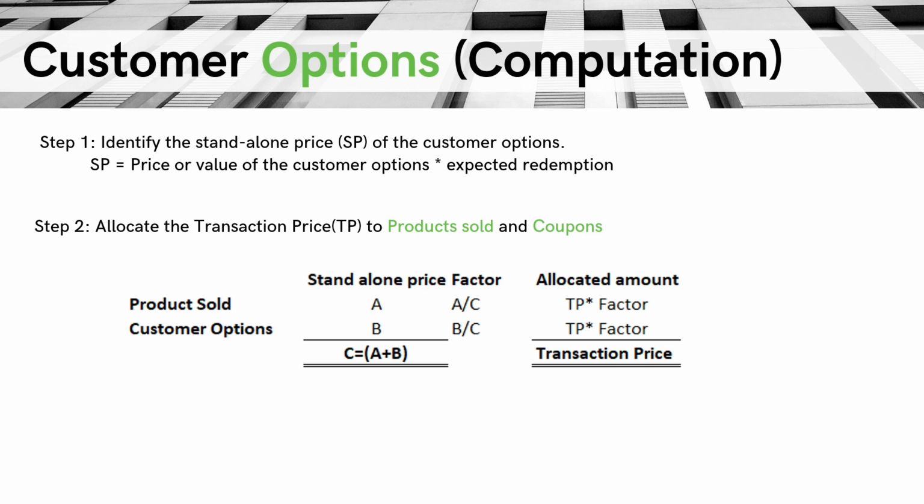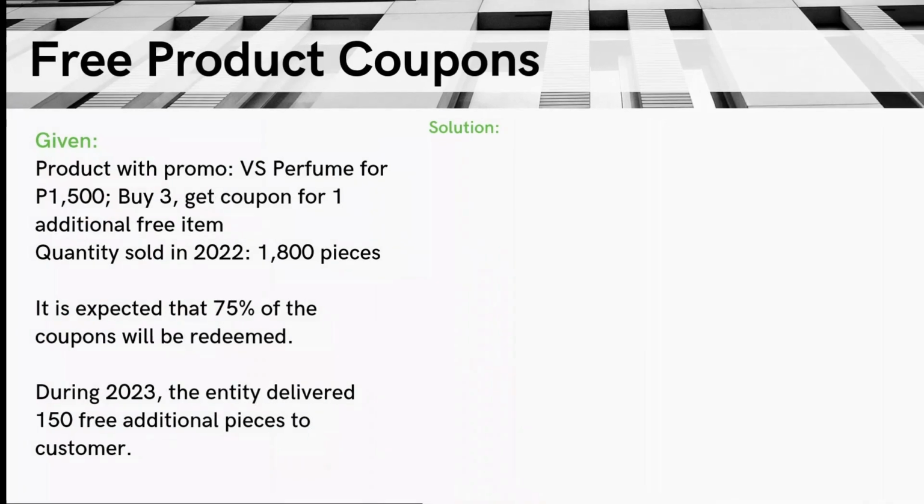Ang transaction price is here. So, aton siya i-allocate into product sold or customer options. That is why we will compute the factor kung pila ang proportion niya. For example, first is free products. The given is that ang product niya with promo is Victoria's Secret perfume for 1,500.